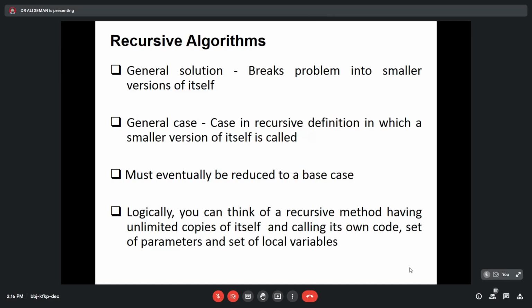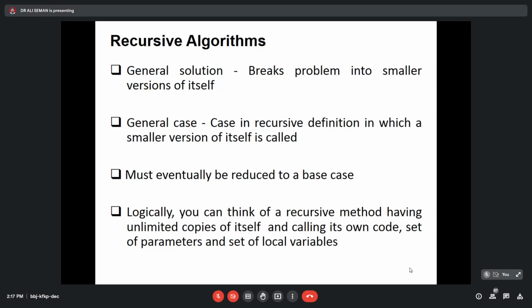We have a bigger problem, broken into a smaller version of itself, becoming smaller, smaller, smaller, until a certain point. When we reach that point, we have to stop the iteration. The repetitions occur many times until certain criteria will stop. That is the repetition based on the recursive.